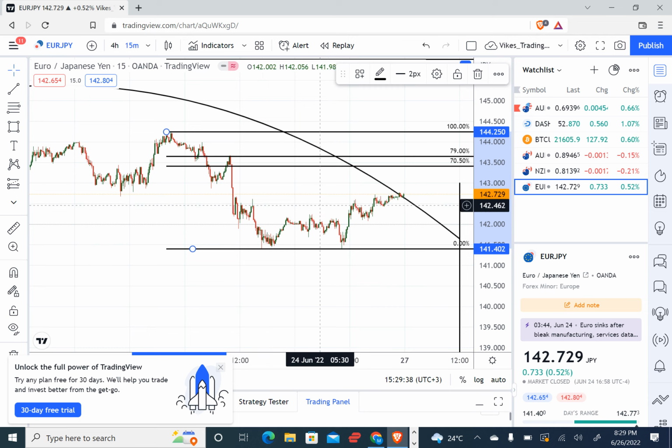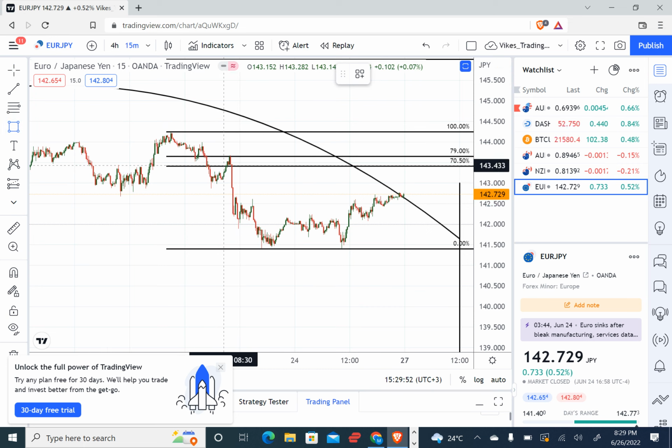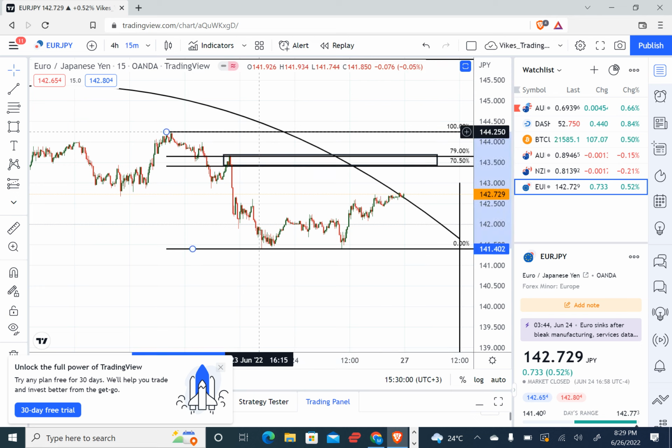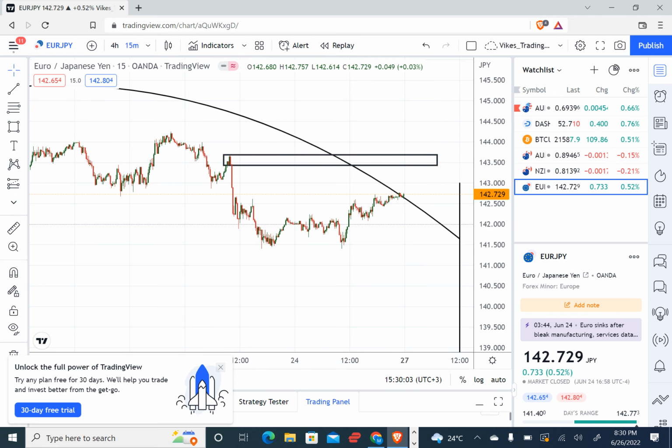So obviously I did expect that the prices will come and push all the way to fill these imbalances, and then we have an OB around that place, so it will be a very good OB to take our trade. So this will be my area of interest. This is the area that I'll be looking at. Let me remove the Fibonacci to clear the chart. So this will be the area that I'll be looking to scale into my sell position, my second sell position.